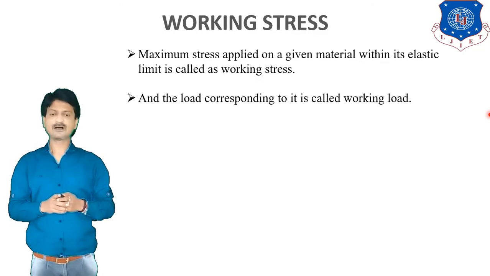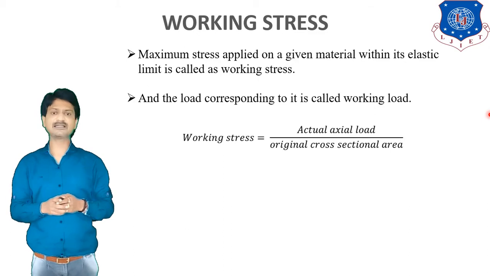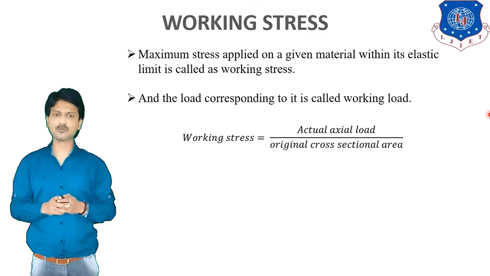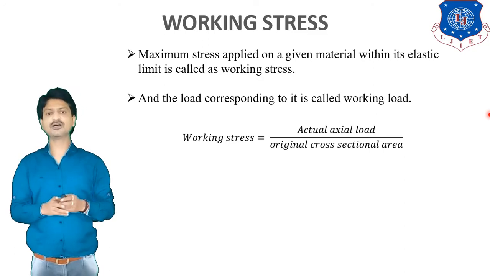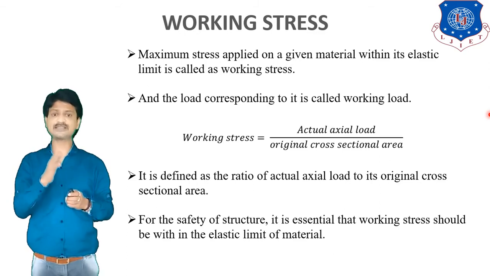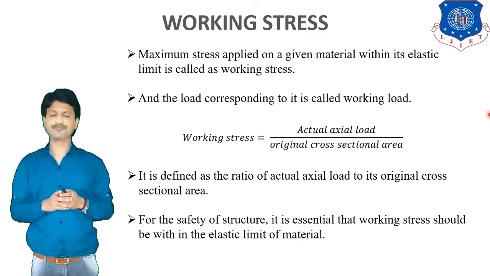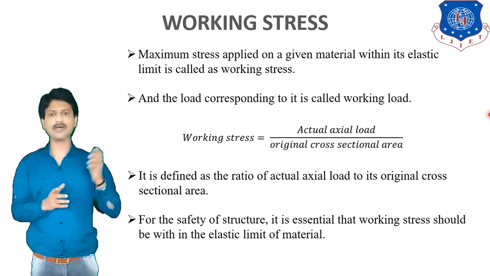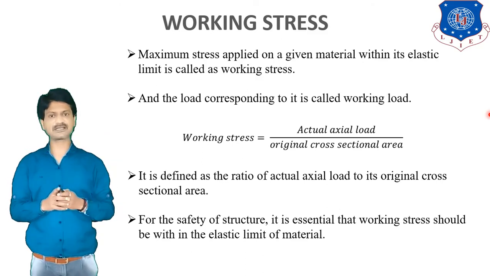Basically, working stress is nothing but the ratio of actual axial load to original cross section area. So you can see in the slide that working stress is equal to actual axial load upon original cross section area. For the safety of a structure, it is essential that the working stress should be within the elastic limit of the material. Otherwise, that material can break at some moment. So this is working stress.